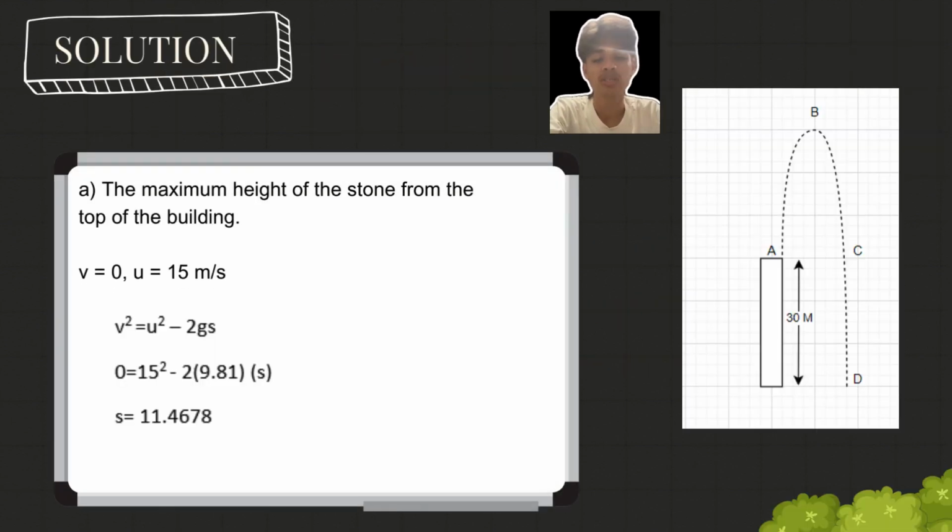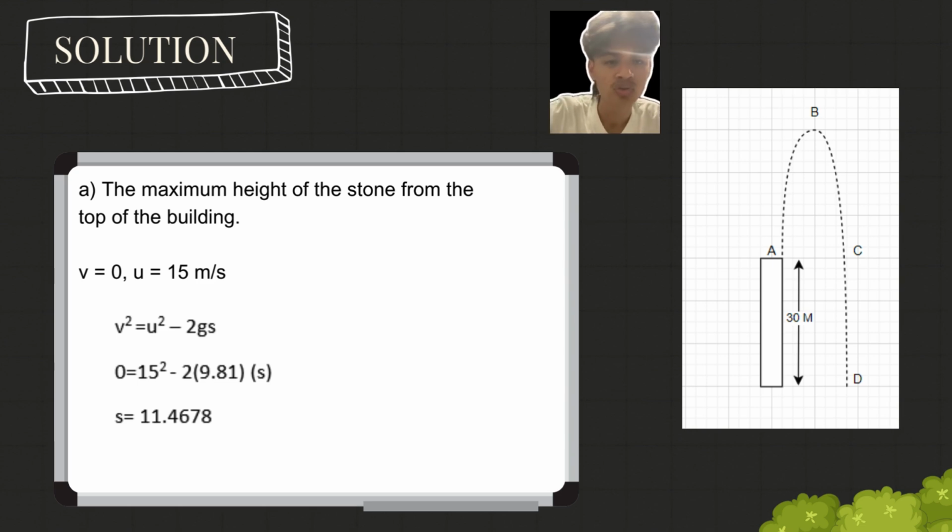The first question of example 2 is to calculate the maximum height of the stone from the top of the building. Here we have the initial velocity, which is 50 meters per second, and of course the final velocity is equal to 0.